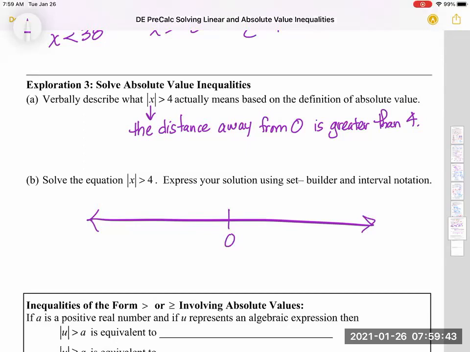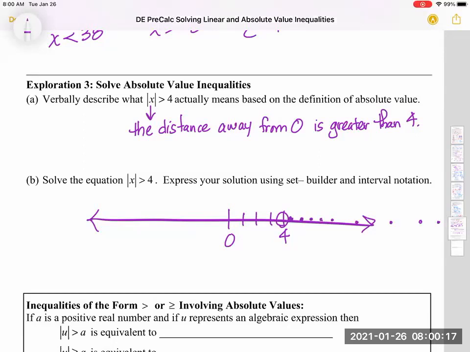I put 0 on my number line. Now, my answers have to be a distance greater than 4. So 1, 2, 3, 4. There's 4. They can't be exactly 4 units away, so I'd have to put an open circle on 4. But anything farther away than 4 works, because that would be a distance greater than 4. Like 4.1, 4.5, 5, 6, 7, 10, 30, 100, infinity.